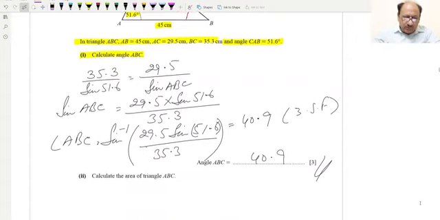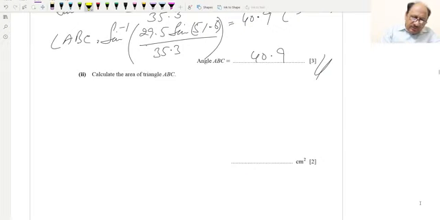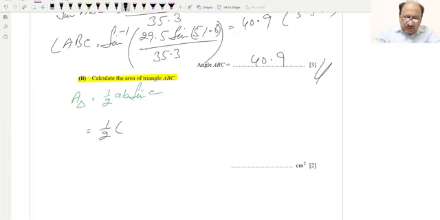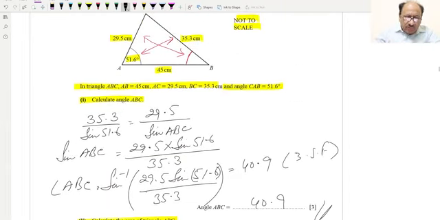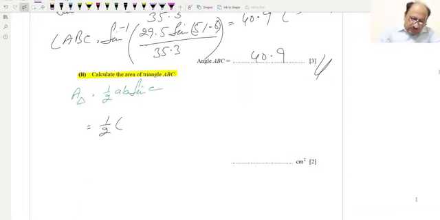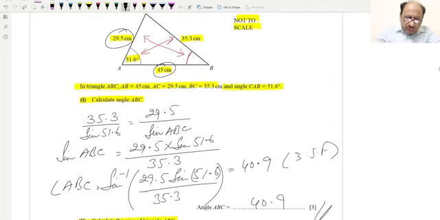Hopefully you understood this. Then they're saying find the area of the triangle, and the area of the triangle formula we know: area of the triangle is equal to half into a b sine C. In this formula we can replace the values, and the area of the triangle will be equal to 1 by 2. One side is 29.5 and the other side we can take 45, so 29.5 into 45 into sine of angle 51.6.